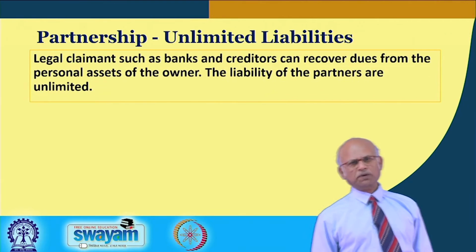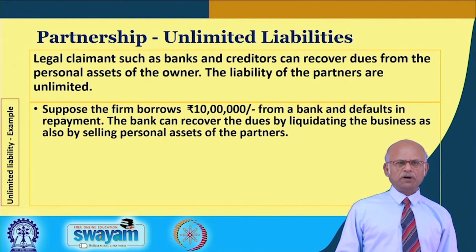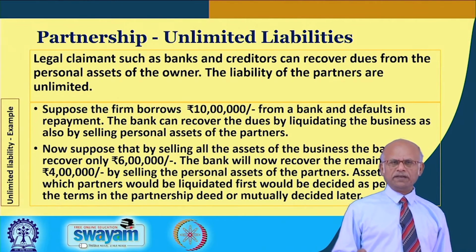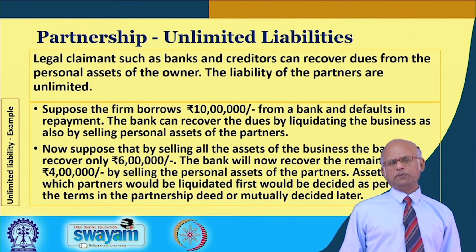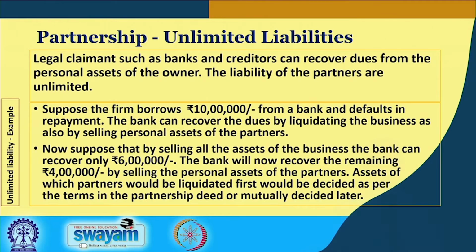Here is a small example about unlimited liabilities, which is a copy of what I showed in proprietorship. If the company owes 10 lakh rupees to the bank, and suppose the liquidation value of the company is 6 lakh rupees, then the bank, after liquidating the company and recovering 6 lakh rupees, will try to lay their hands on individual partners' assets.